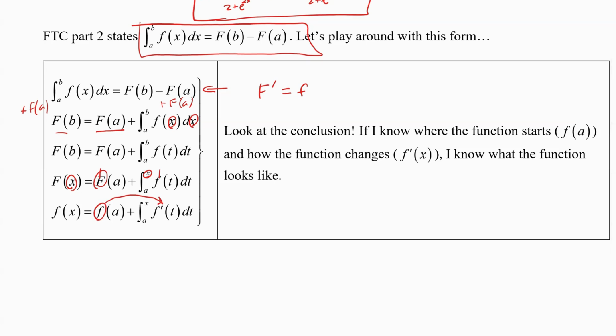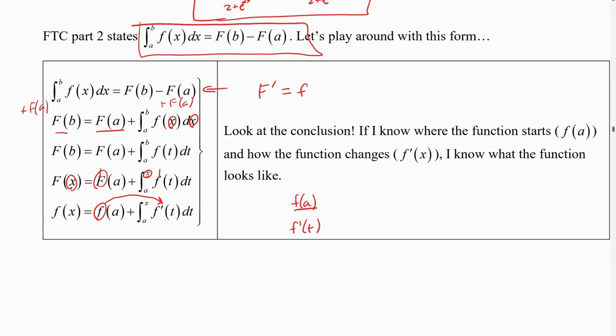Look how powerful that is. It says, let's say I have some function and I know its value someplace. I know what f of a is. And I know how that function changes, maybe with respect to time, maybe with respect to x, but I know how it changes.